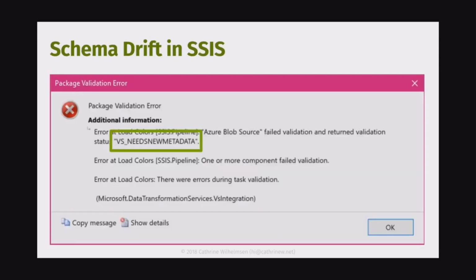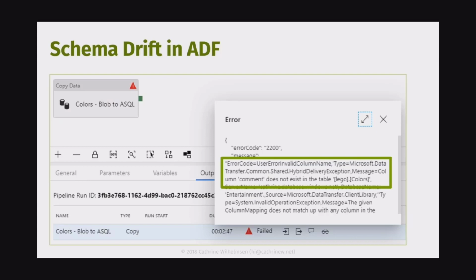And how many of you have seen this error in SSIS? Yes? Needs new metadata? Yeah. So this was one of the reasons that I started using BIML for programming and automating SSIS packages, because I could just recreate the packages when needed, because SSIS was not very good at handling changing source files. And in ADF, previously as well, you could get the same kind of errors there, that the column doesn't exist or anything.